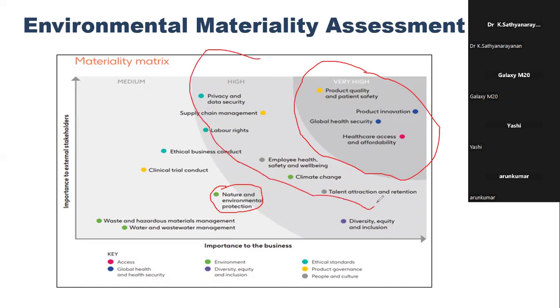While coming to our topic today, while we are talking about ESG, the first pillar, environmental, before you concentrate on waste and hazardous material management, my dear friends, you have to concentrate on climate change. Why? Because it is high priority. This materiality assessment is a key for ESG, a key for ISO 14000.